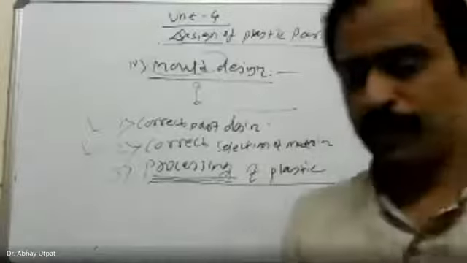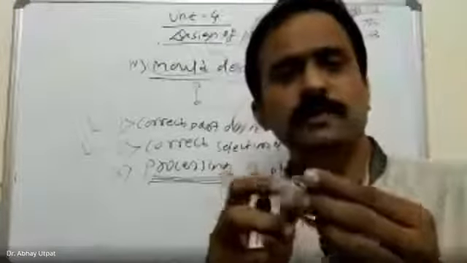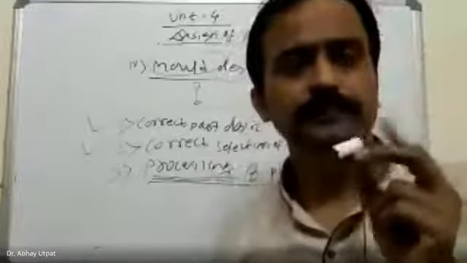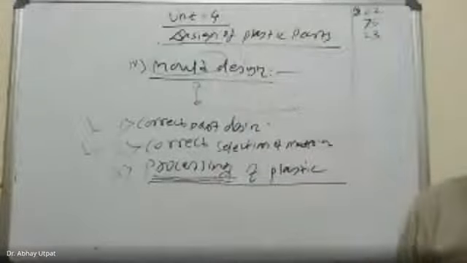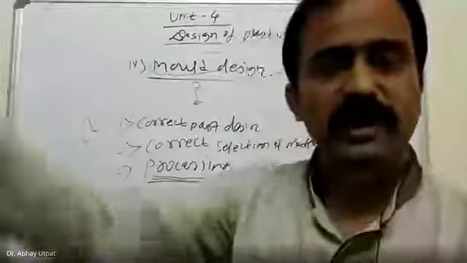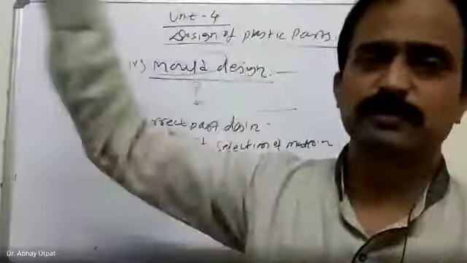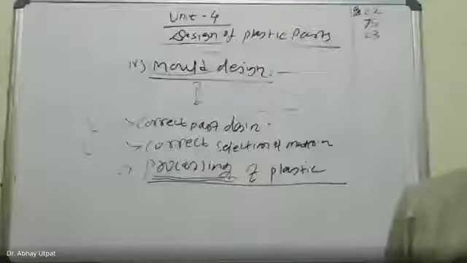Looking at the size and shape of the component and how it is manufactured, this white part is manufactured by injection molding. So processing must be correct, and then only you can assure the customer that this product is of good quality.